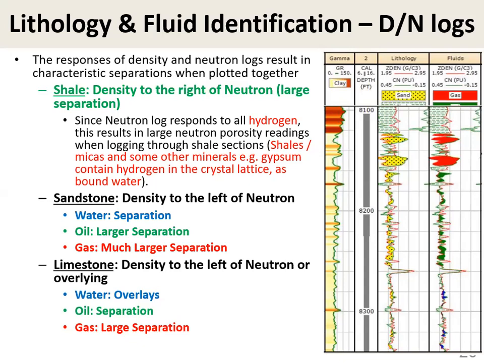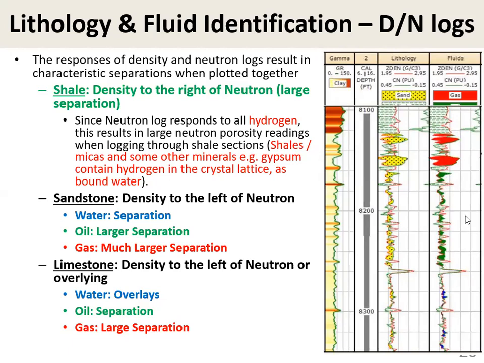So you see, it's like a reversal of positions. You see here, the density is back on the left with the neutron on the right, and that's the same thing here, and all these zones, where the density is to the left of the neutron.